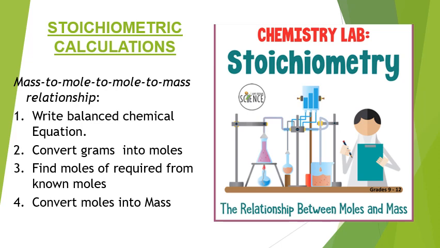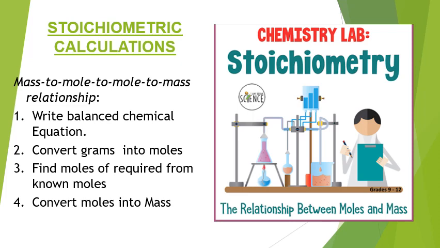Then, if grams of the substance are given, you have to convert them into moles. The next step is to find the moles of the required substance by applying the conversion factor. And the last one: if the mass of the substance is required, then you have to convert the moles back into mass.